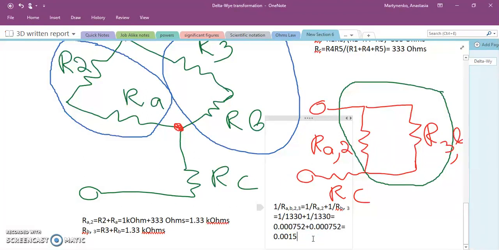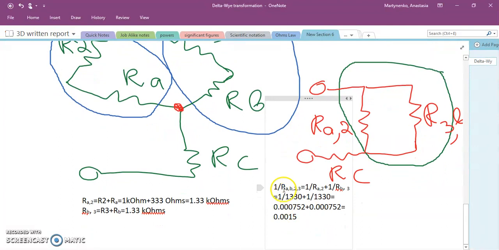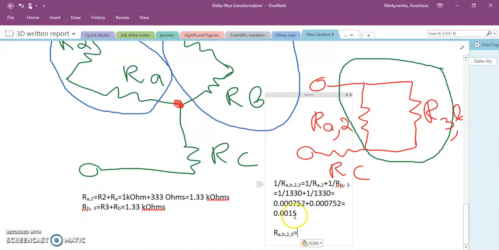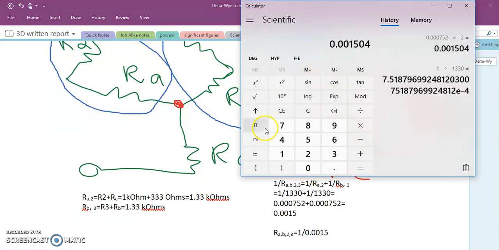I still need to find my RAB23. And my RAB23 is going to be 1 divided by this number. And let's see what that is.